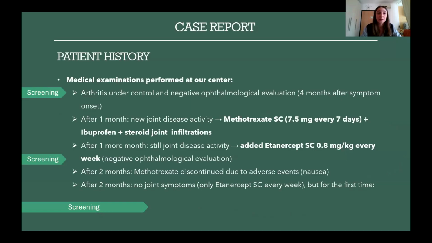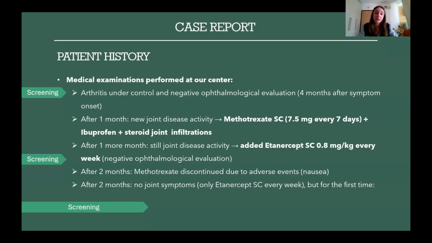After 4 months from diagnosis, she presented to our center, and arthritis was under control. Ophthalmological evaluation was negative, but after 1 month, due to new joint symptoms, rheumatologists increased the methotrexate dose, introduced ibuprofen, and performed steroid joint infiltration. After 1 month, still joint disease activity, and so they added etanercept. At this point, ophthalmological evaluation was still negative.